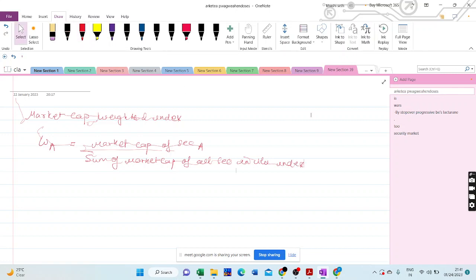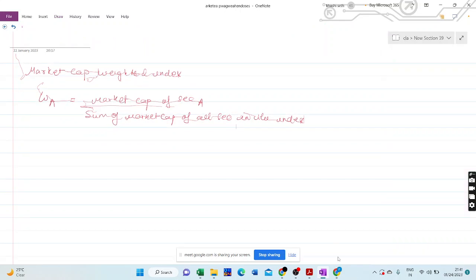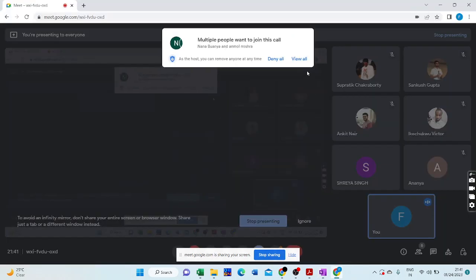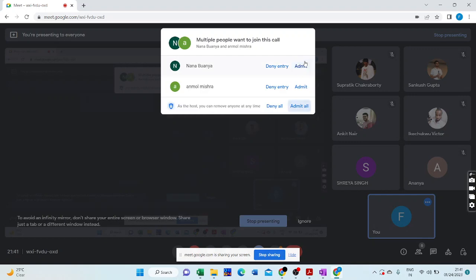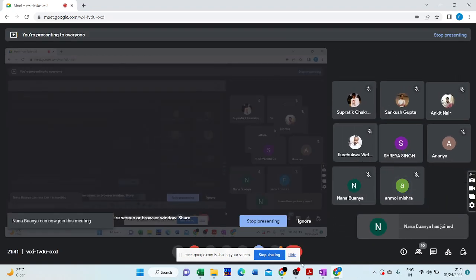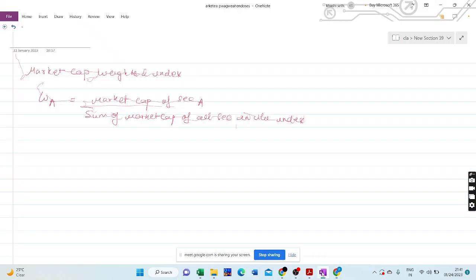This is how we will calculate the weight that we shall allocate to the return of each stock in this index, right?